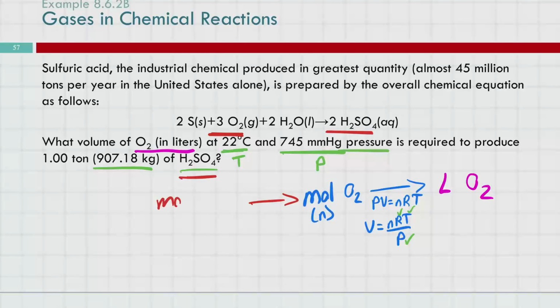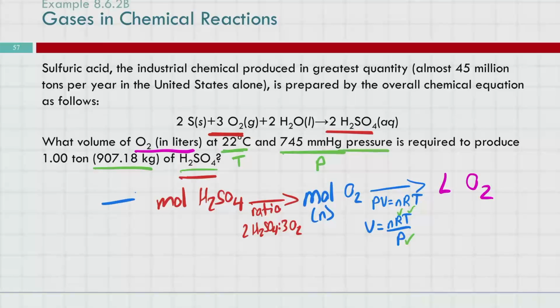From moles of H2SO4, since our balanced chemical reactions are always moles to moles, we must have had moles of H2SO4. Do we have moles of H2SO4? Unfortunately, no, we do not.